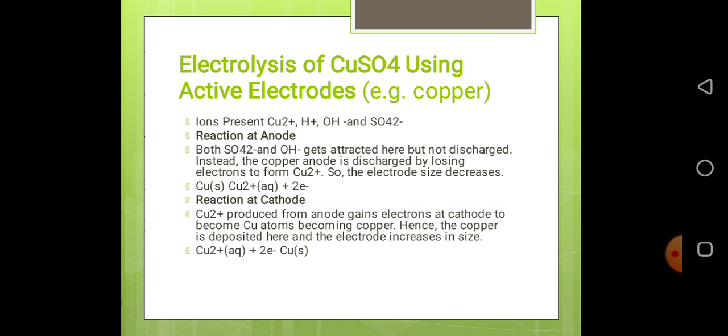At the anode, copper decreases in size, while at the cathode, copper increases in size. So these are the things you're supposed to know.